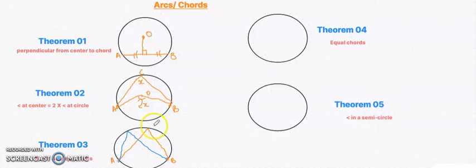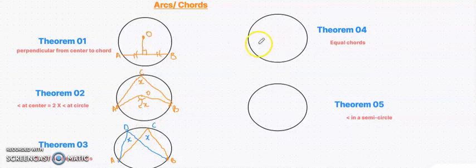So arc AB subtends angle C on the circle and also subtends angle D on the circle. Now the theorem says angle C is equal to angle D. An arc subtends equal angles on the circle, on the same side of the circle. So we refer to this theorem as same arc or equal arcs.